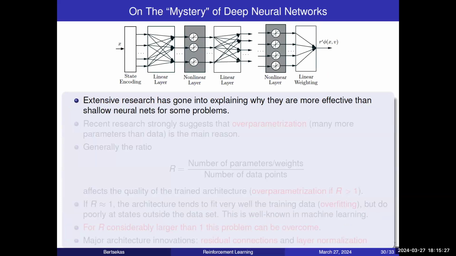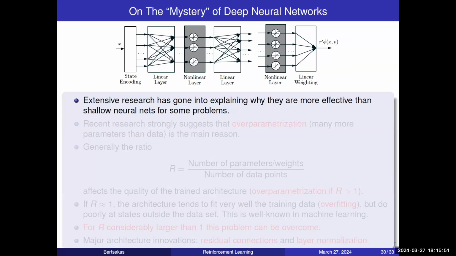Now, as I mentioned a moment ago, this universal approximation theory tells us all you need to do is have one nonlinear layer with the number of nonlinearities large enough. You can approximate whatever continuous function you desire.